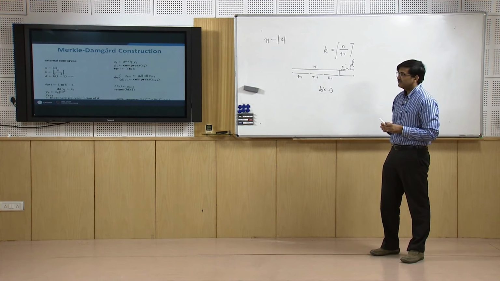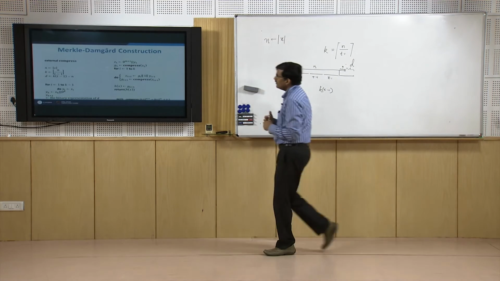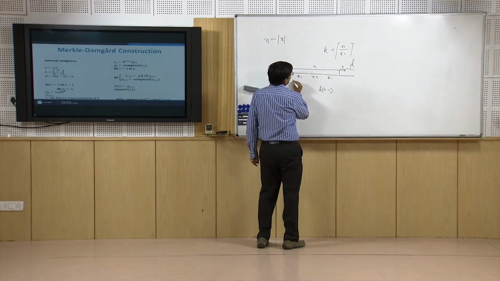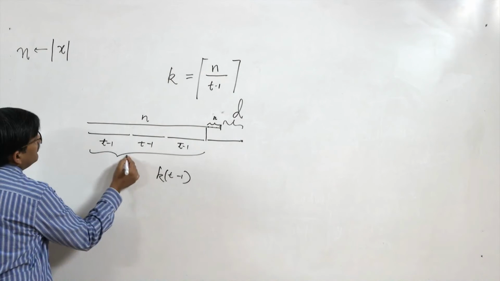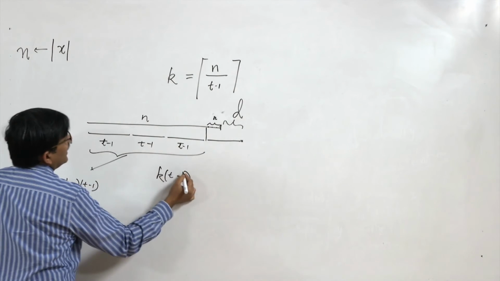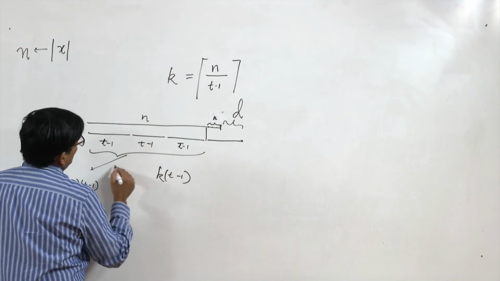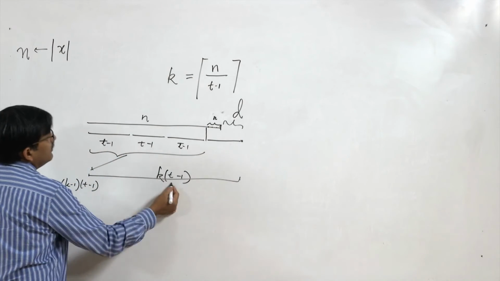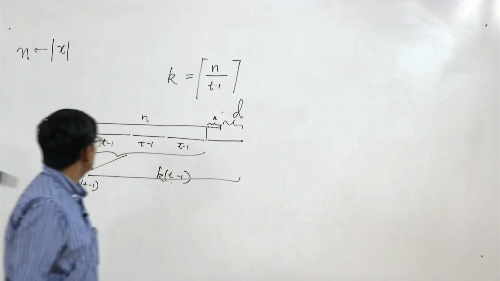And that is what we have to pad. So, then we go into a loop i equal to 1 to k minus 1, and then I put xi equal to yi up to k minus 1. So, it is not k, up to this it will be k minus 1 into t minus 1, and from here to the end will be k into t minus 1.